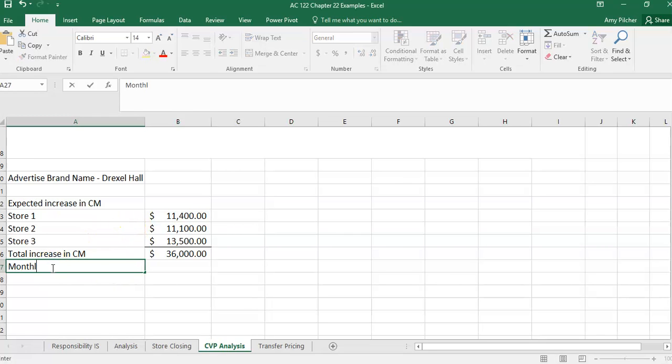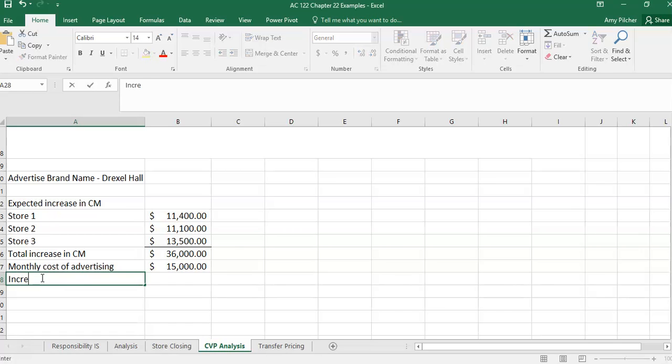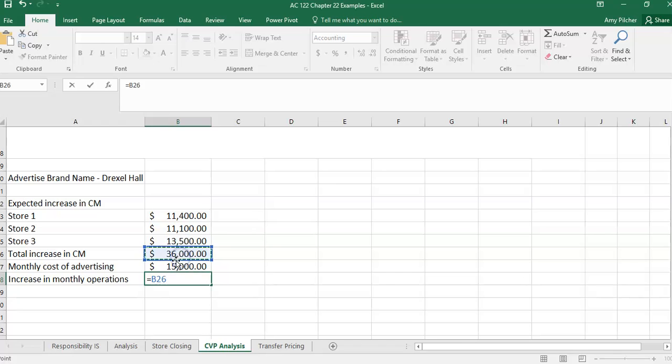The monthly cost of advertising is $15,000. So our increase in monthly operating income is our increase in contribution margin minus our increase in cost, or $21,000.